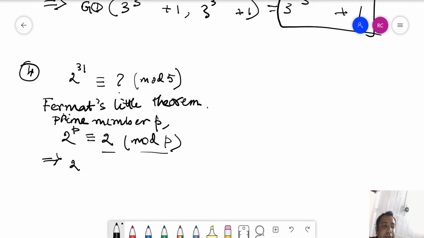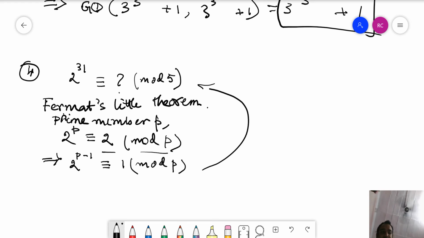This is equivalent to 2 to the power p minus 1 would leave a remainder of 1 mod p. Now if you connect it to this question, you see that 5 is a prime number, so we can take p is equal to 5 and we get the result 2 to the power 4 leaves a remainder of 1 mod 5.